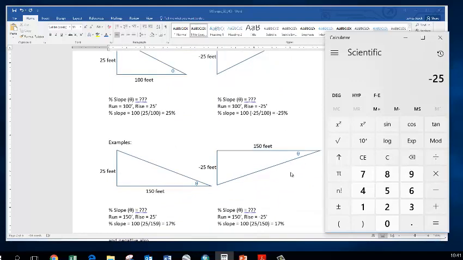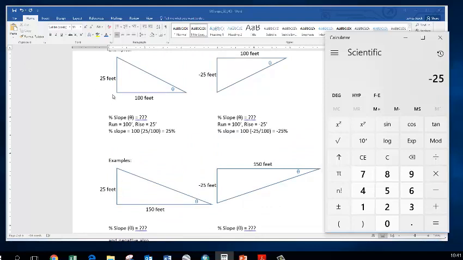All right, let's try another example here. So if I've gone up 25 feet for every 100 feet I've gone out, that gives me a percent slope of 25. What if I've gone out 150 feet and still only went up 25 feet?